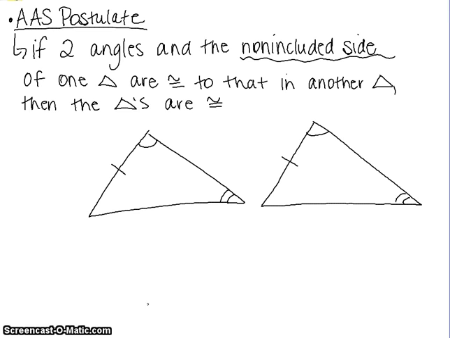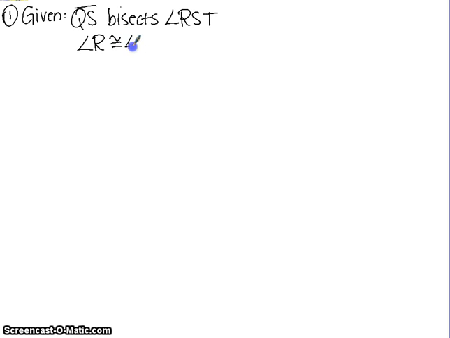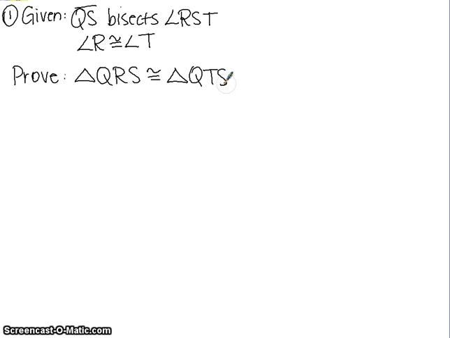All right, let's look at some examples. I have two. So our first example. In this one, we are given that QS bisects angle RST and that angle R is congruent to angle T. And we want to prove that triangle QRS is congruent to triangle QTS.